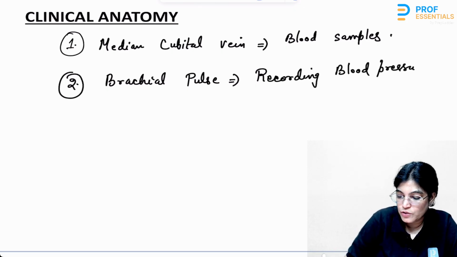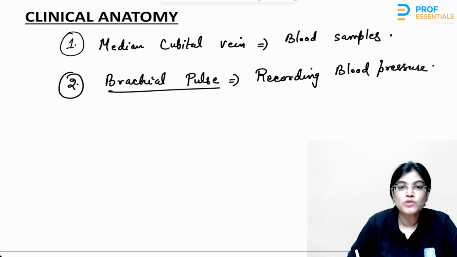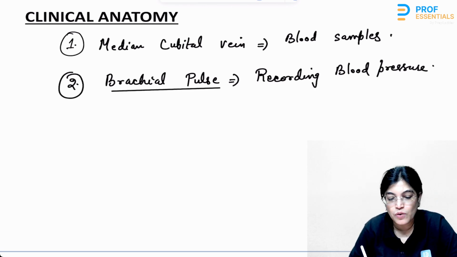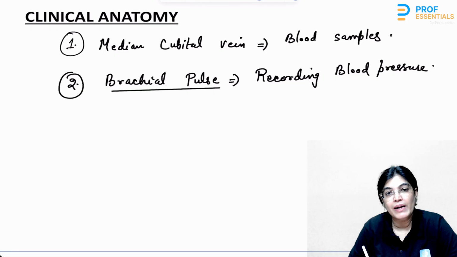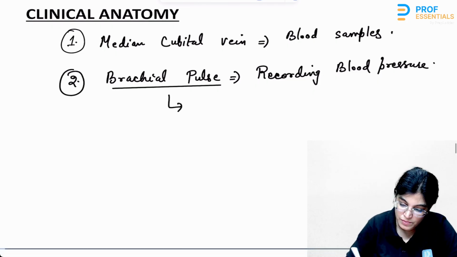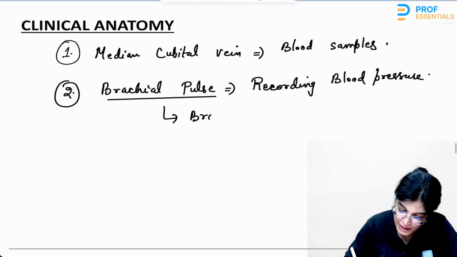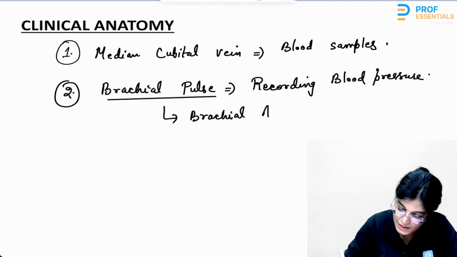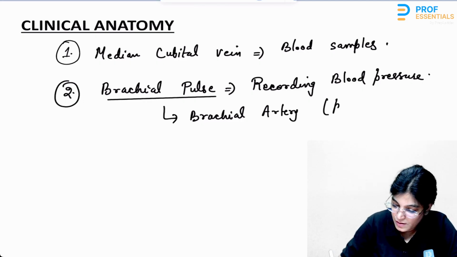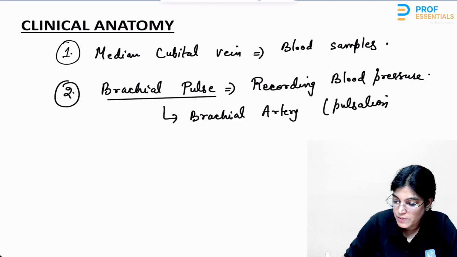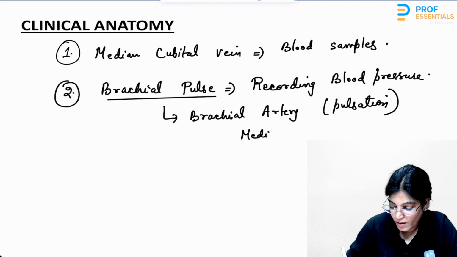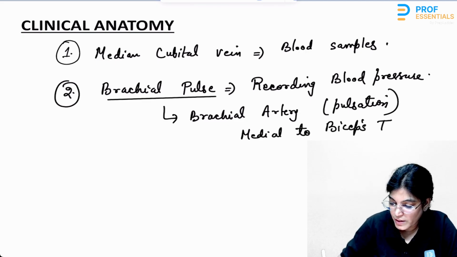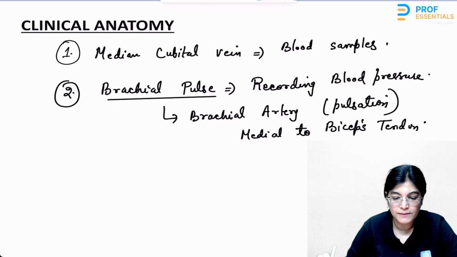It is commonly utilized, and it's very easy to know the brachial pulse. Why? Because when you palpate, it can be easily felt. So the pulsation of the brachial artery is located medial to the biceps tendon.